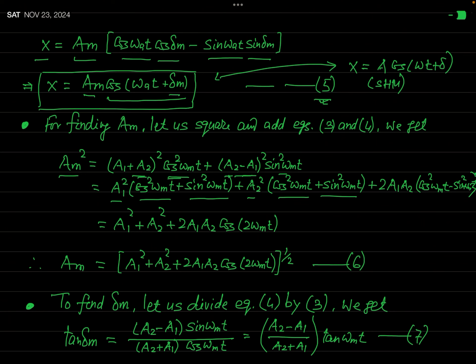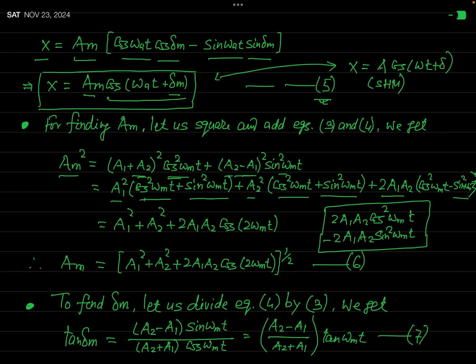Then in the first term there will be 2a1 a2 cos square omega mt, and in the second term you will have minus 2a1 a2 sine square omega mt. When you combine these two terms, 2a1 a2 can be taken as a common factor, and the remaining terms will be cos square omega mt minus sine square omega mt. I think you have clearly understood the algebra here.